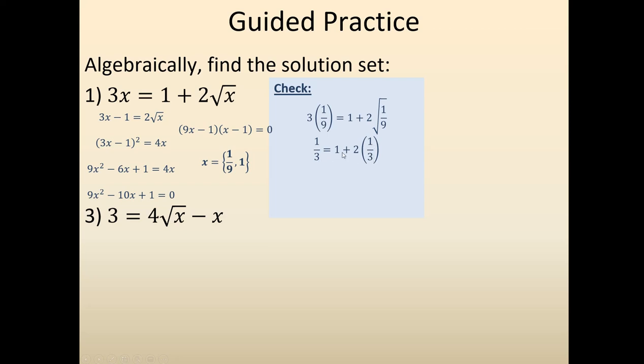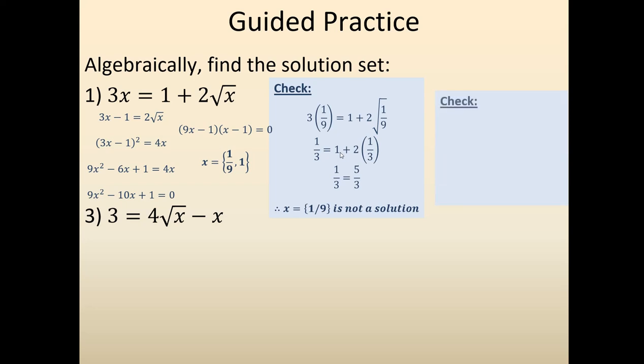So again, you can see that we're on the right track since we have similar fractions. So now I multiply the numerator by 2 to get 2/3 and add 1 to it, which gets me 5/3. So from here, we see that 1 over 9 is not a proper solution because I didn't get a true statement.